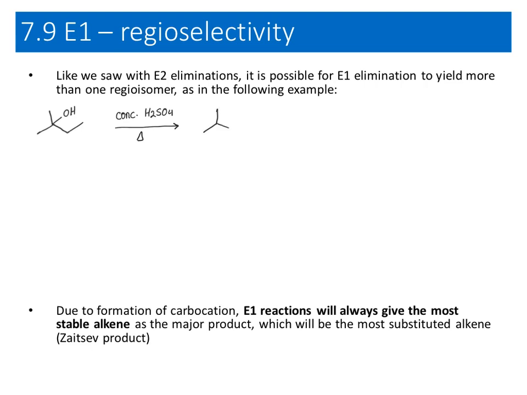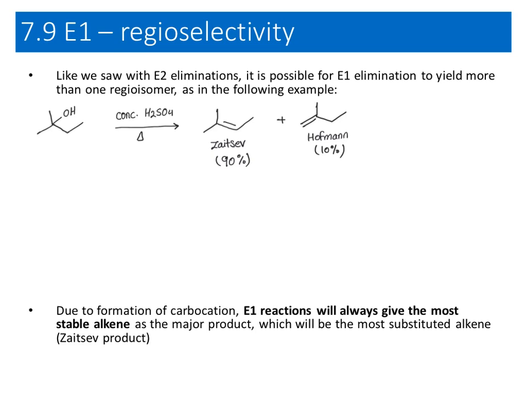And we are going to form both of these products. So one of them is Zaitsev. This is the Zaitsev product. And we are going to form that in 90%. So it's the major product, it's the dominant one, and this one is Hoffman. So we get 10% of these.